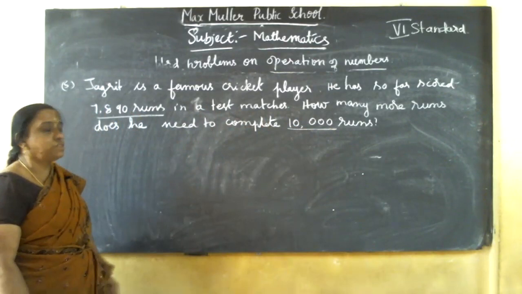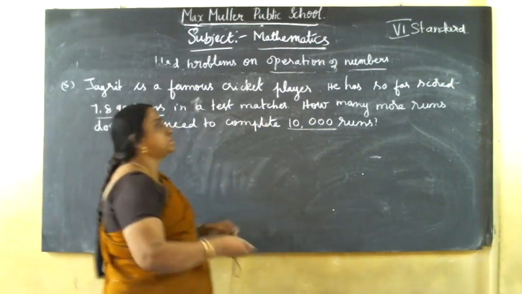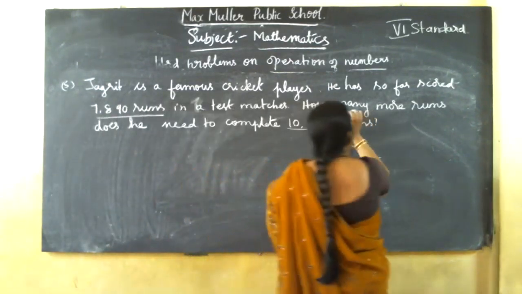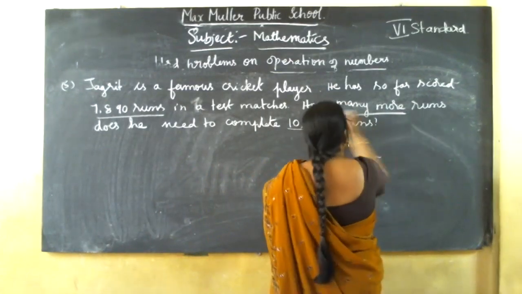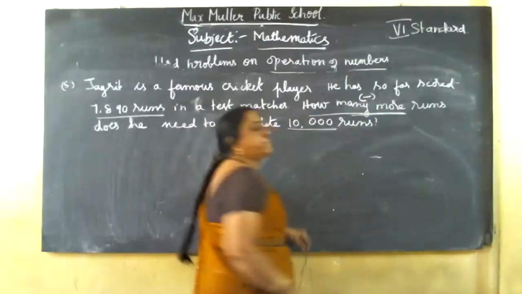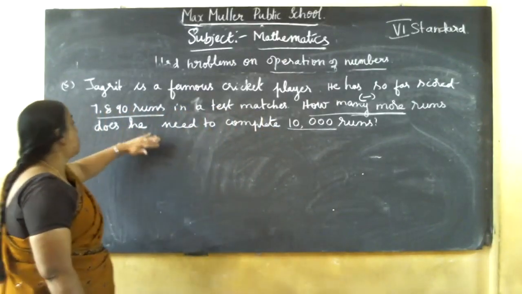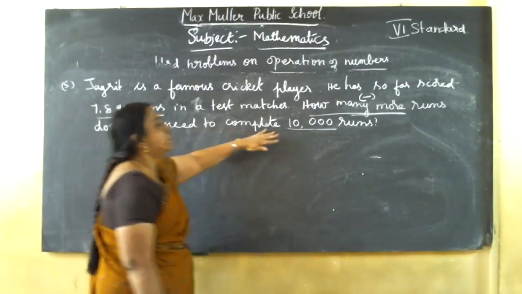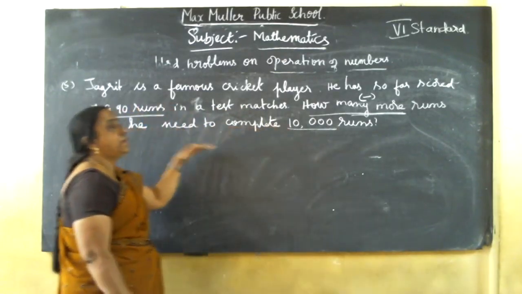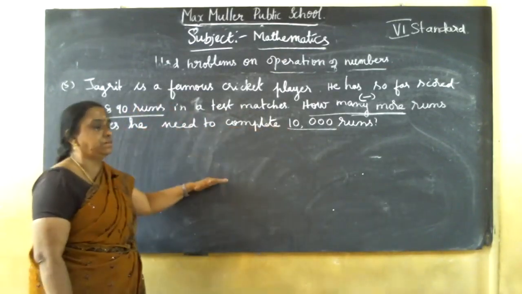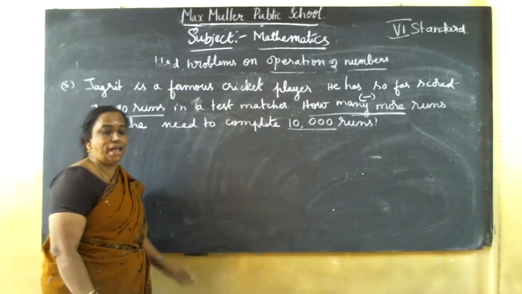See, I already told you in the keywords, if they ask how many more, it means subtraction you should do. Here, the total number of runs he needs to complete, then the number of runs he has completed so far. If you subtract, you will get the answer.